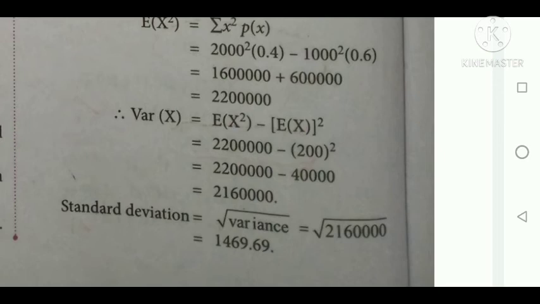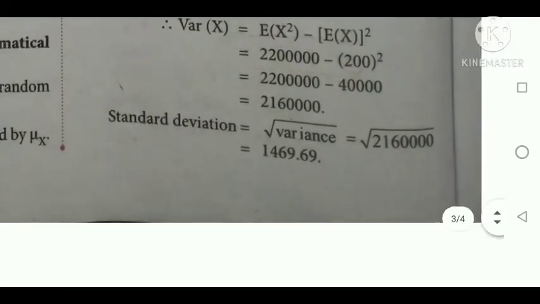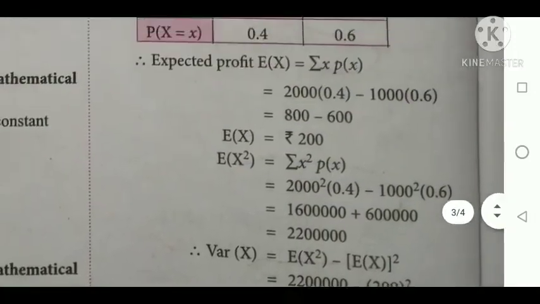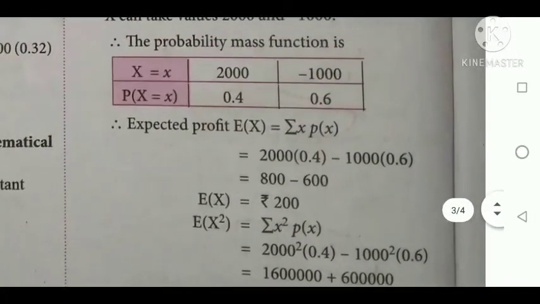It is nothing but the square root of variance. Square root of 21 lakh 60,000 is 1469.69. This is the way you find the standard deviation and variance if x and p of x values are given.